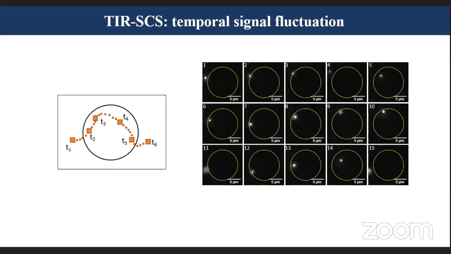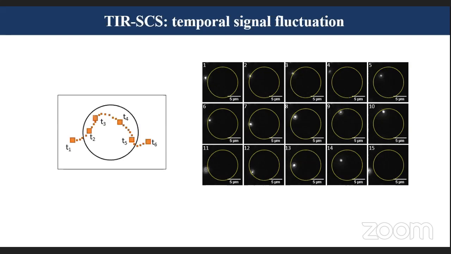And in the actual picture, not the very small area picture, if you look, the yellow circle is the imaginary area. You can see that these particles are coming inside this area and getting out in some time.